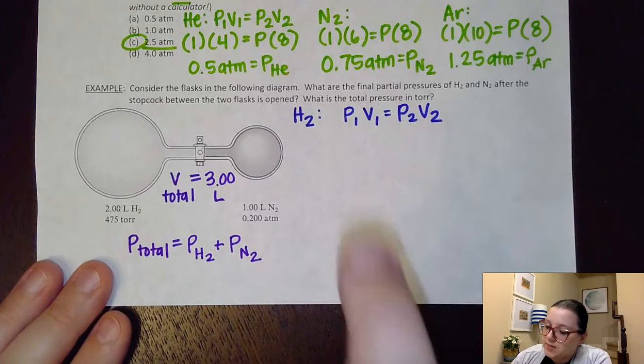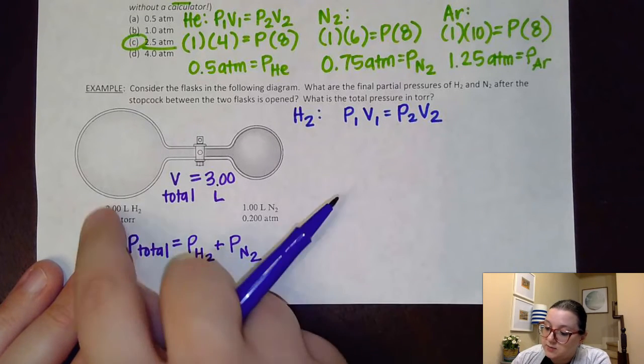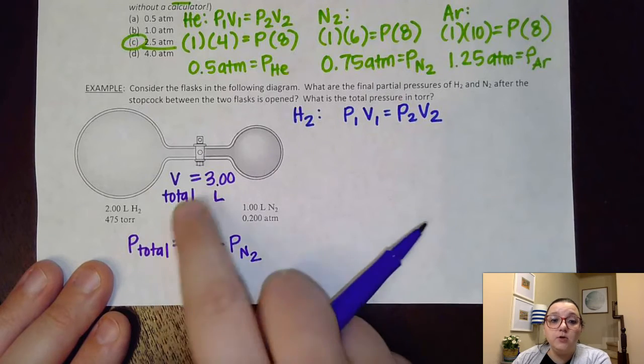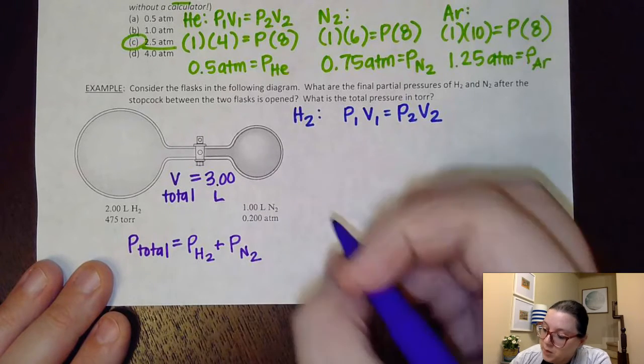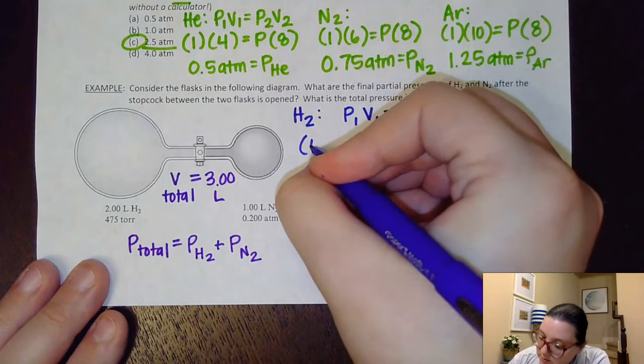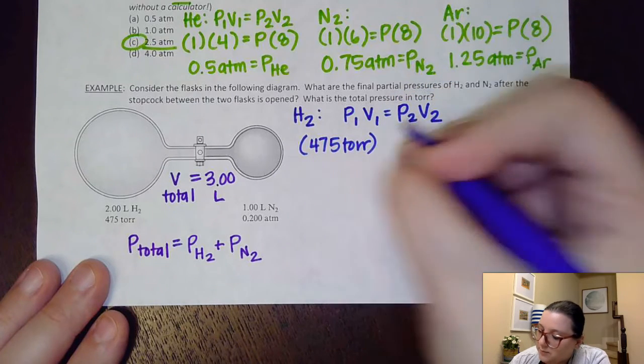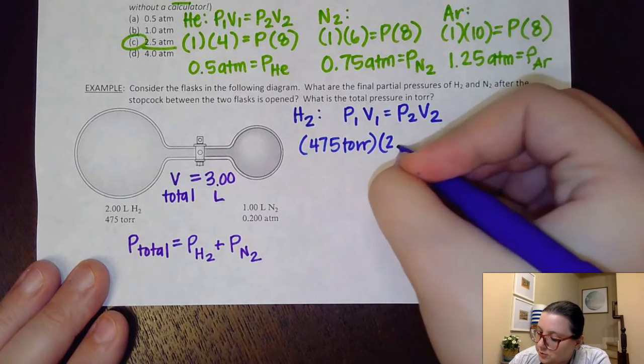What I'm going to do is set the P1 and V1 as my initial set of conditions, and my second set of conditions is going to be my new total stuff that I'm looking for. All right, so my P1 here was 475 torr. My V1 was 2 liters.